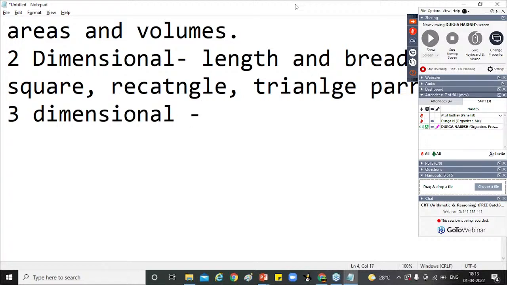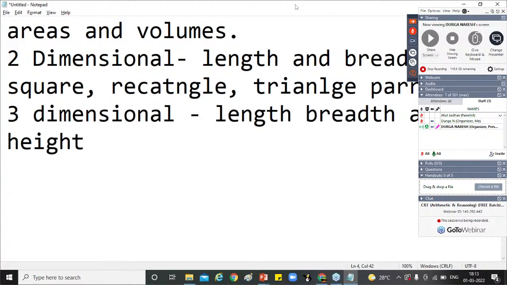For three-dimensional, we have three dimensions: length, breadth, and height. For two-dimensional figures, there is no depth. Get it, all of you? Three-dimensional figures are called solid figures.